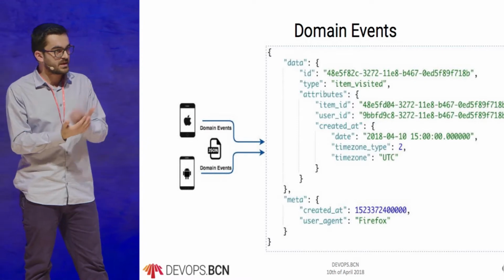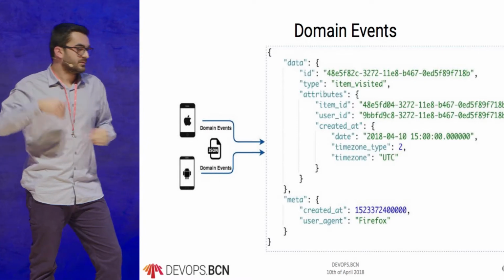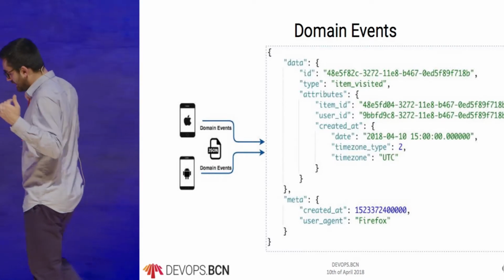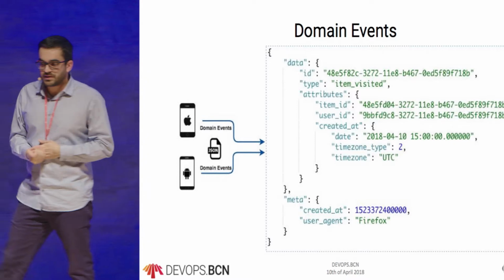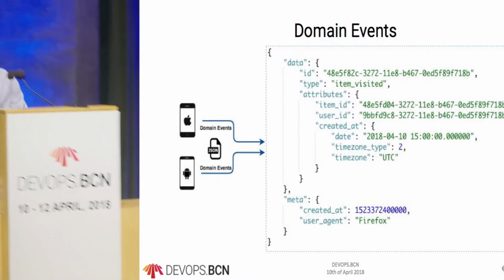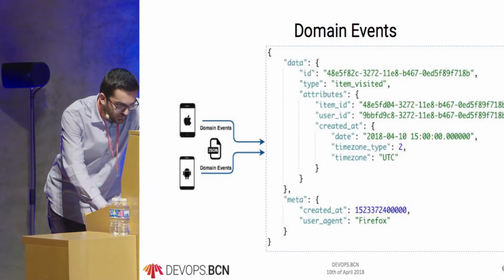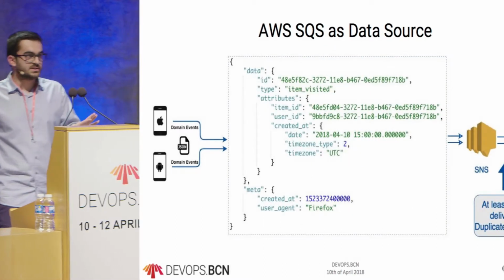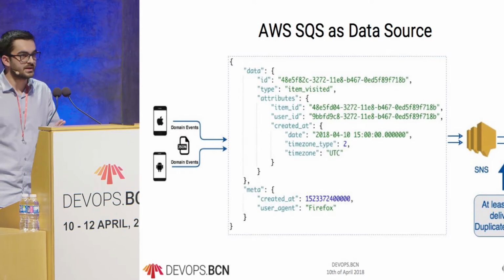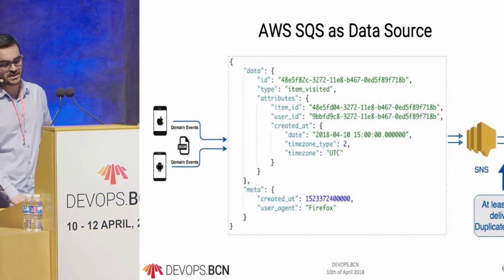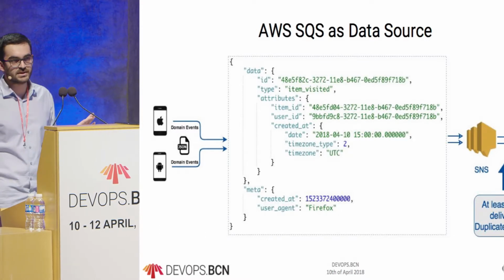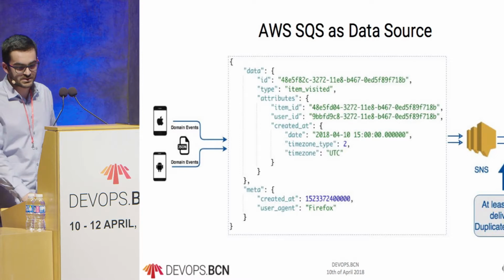We need all that info to be processed later because our analytics department wants to do some analytics on those events. So basically, we are sending all those domain events into an SNS, which will end up in an SQS queue. The problem here is that SNS delivery is at-least-once. It means that you can have duplicated events. So we will see how we can solve this.